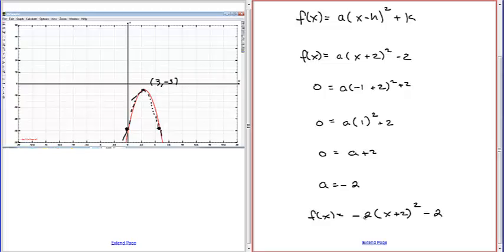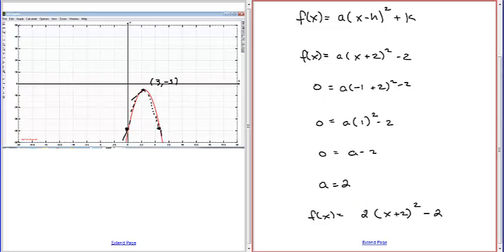And what did I do? Oh, I just found out I'd made a mistake. So it shows you sometimes it's good to do these things. I think a is actually positive 2. I wrote it down wrong. So this is negative, that's negative, so that's positive. So this a is positive 2.